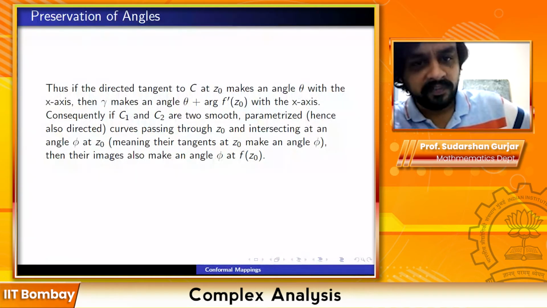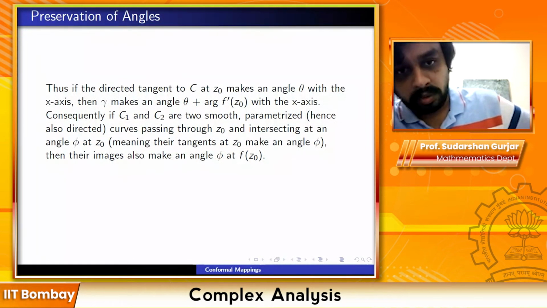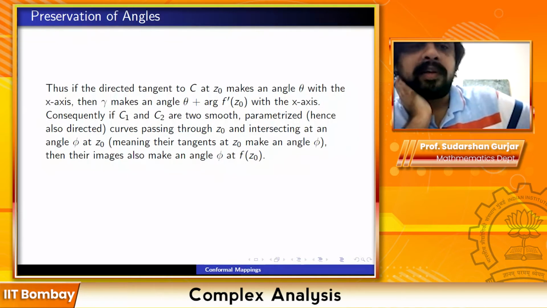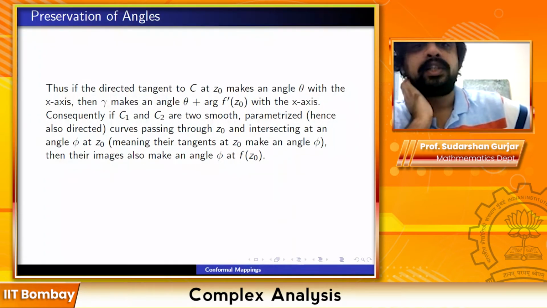The difference of the arguments of the tangents to f of C1 and f of C2 at f of z0 is the same as the angle between the tangents to C1 and C2 at z0.